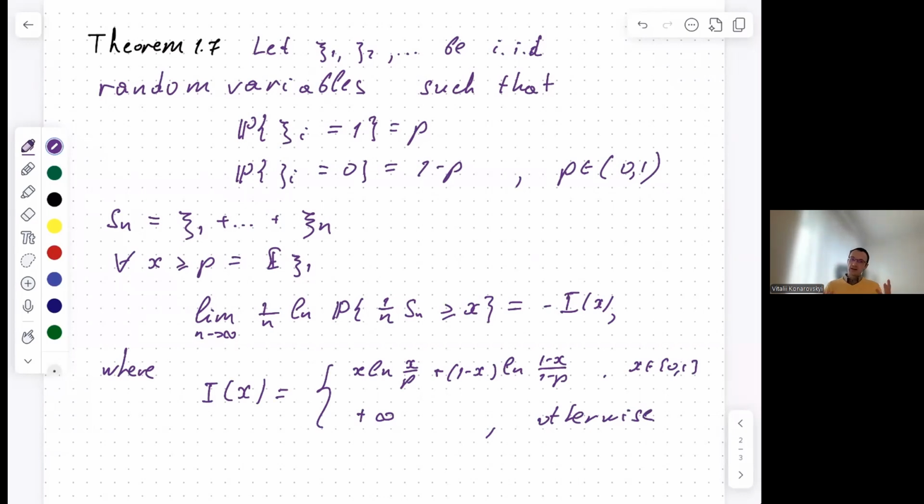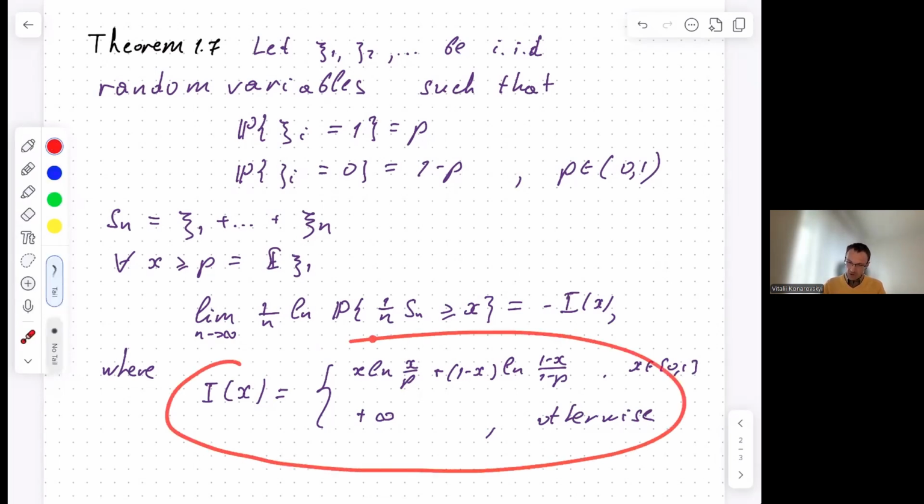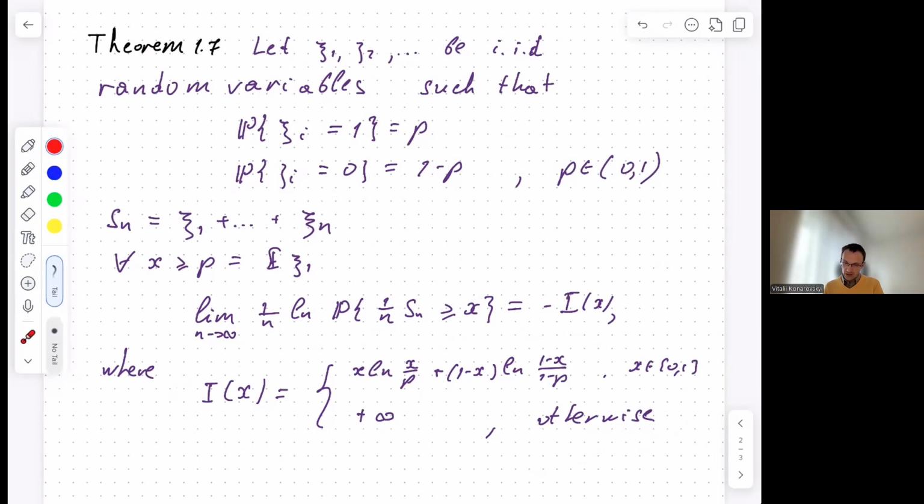And now we want to understand what we have in the general case. How generally we can compute, we can define the form of this function, probably without trying to prove or obtain this kind of limit for every family of independent random variables.